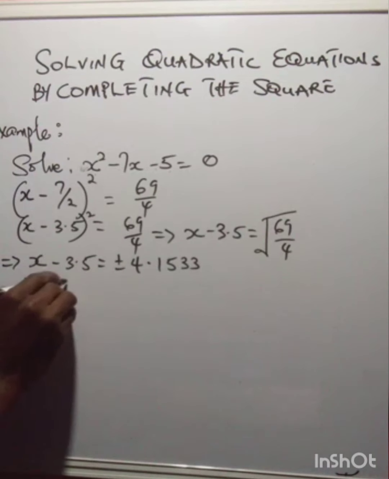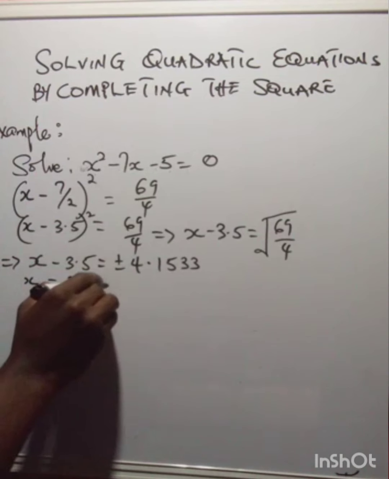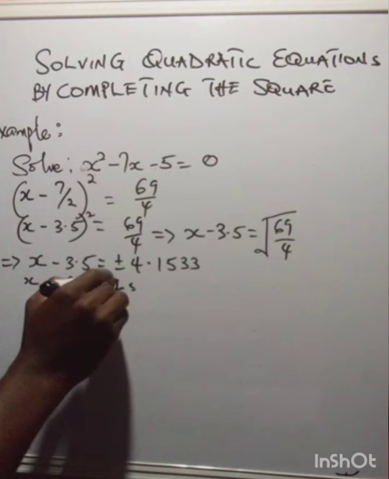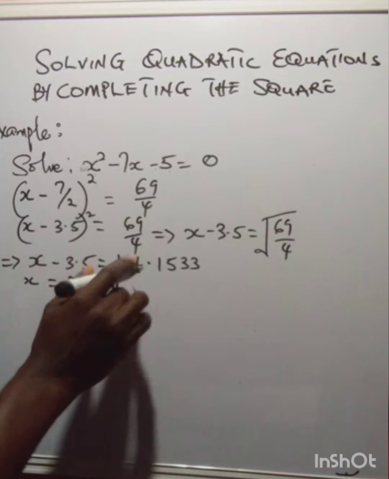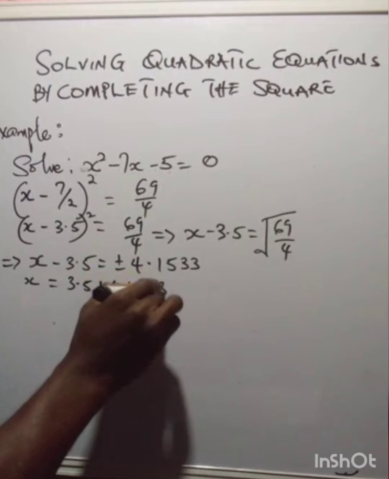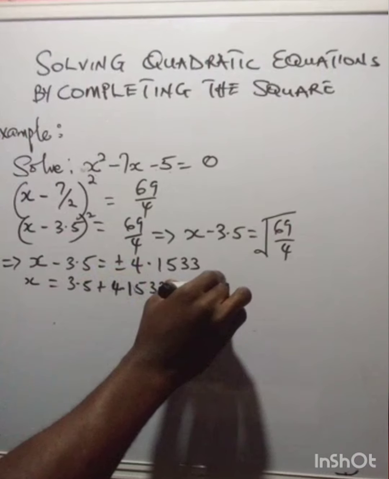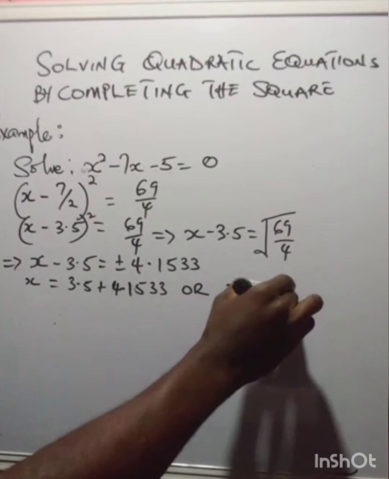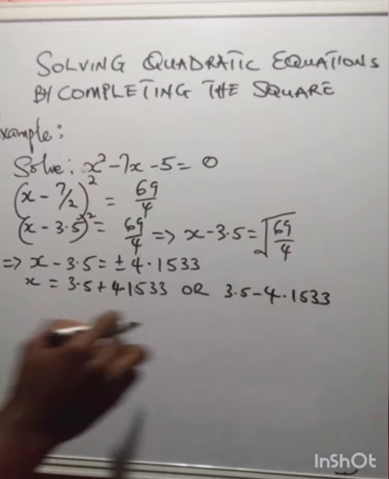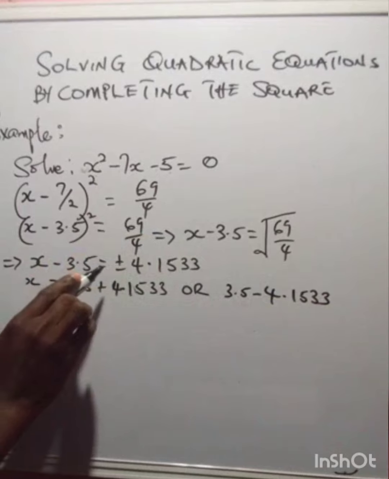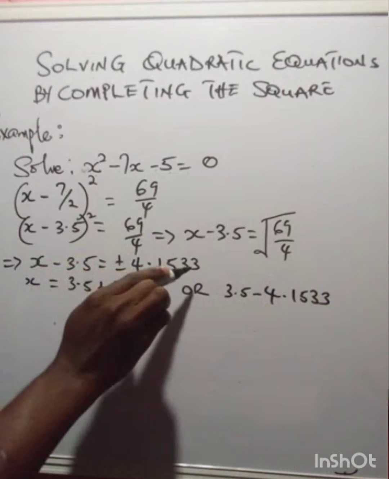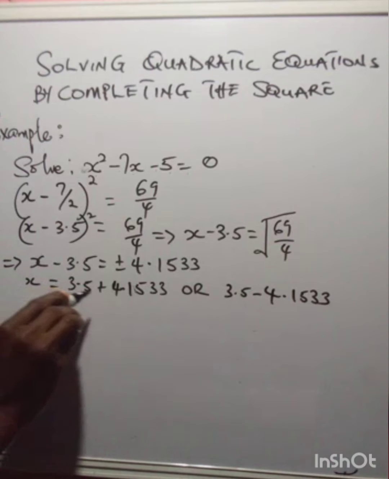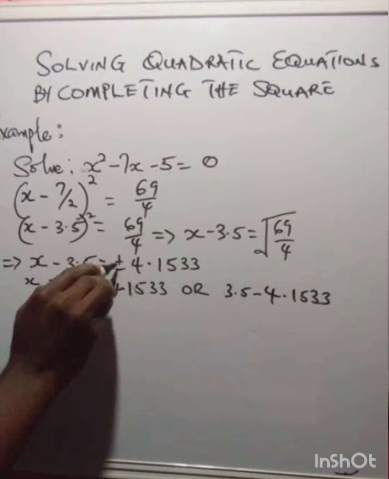This becomes x equal 3.5 plus 4.1533 or 3.5 minus 4.1533. Remember, when taking square root, we end up having plus or minus the square root value. So we add or we subtract using this.